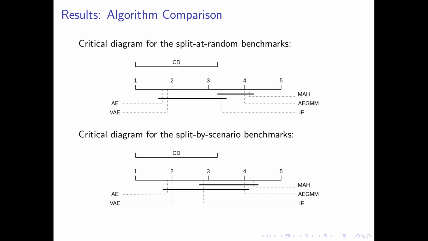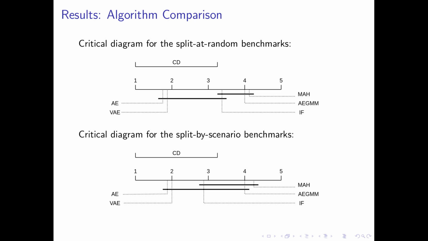And then based on the performance, averaged over all benchmarks, we put them onto the scale, and with the bold lines we connect the algorithms that are statistically close to each other in a way. So there's not enough evidence to say that they perform differently.